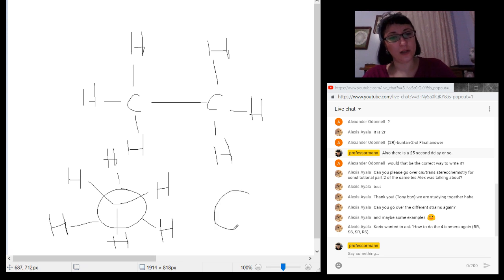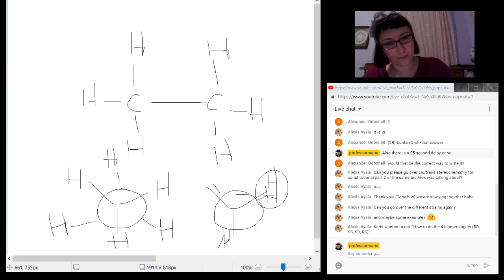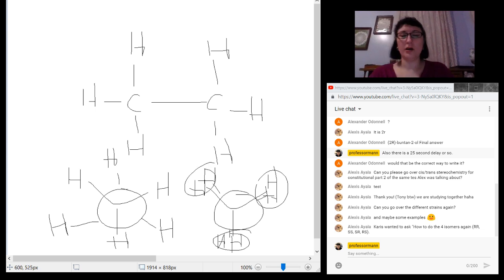And then we had the eclipsed form, where these groups are essentially laying on top of each other. And even though they're not big enough to interact with each other the same way they can in the butane example, we do think that their orbitals overlap. So that's essentially torsional strain, is overlapping non-bonding orbitals.